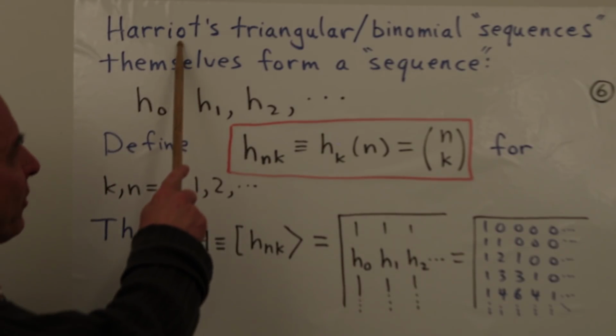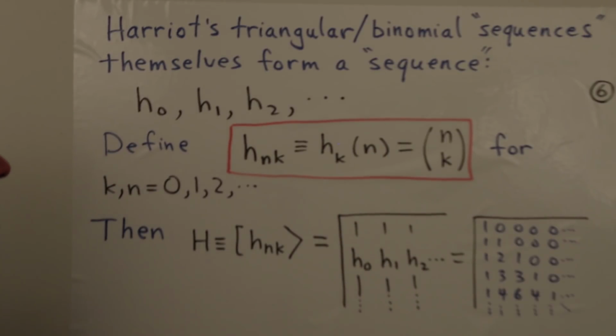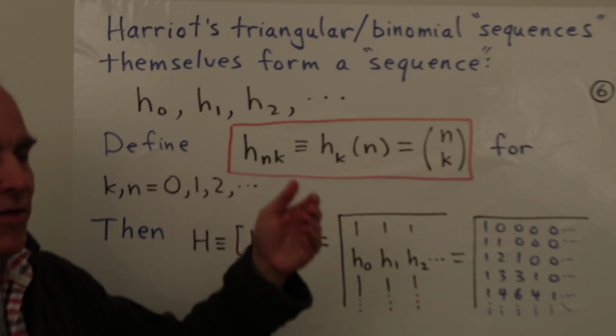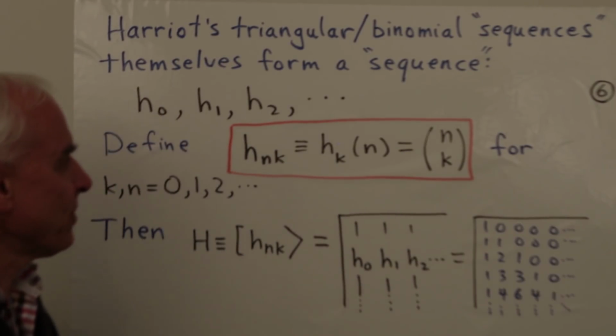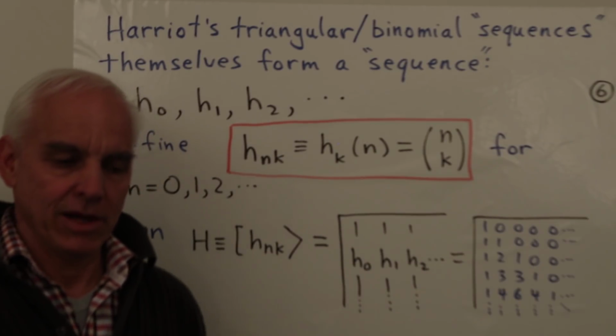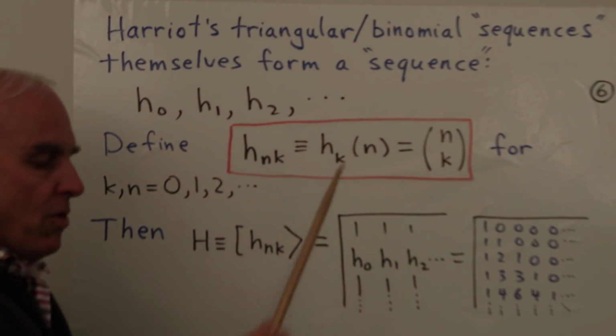These sequences, these triangular or binomial sequences that Harriot identifies, these columns of the Pascal matrix H, they themselves form a sequence. So there's H0, and then there's H1, and then there's H2, and so on.